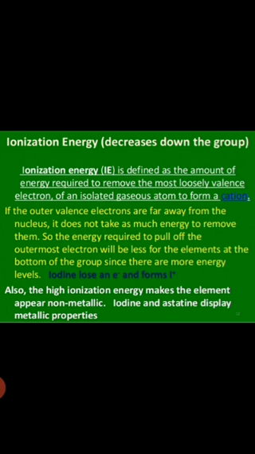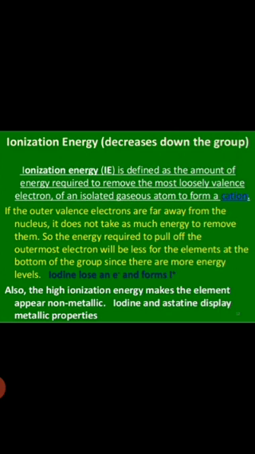So just have a look at the written facts which I have discussed orally now. Ionization enthalpy, as you know, is defined as the amount of energy required to remove the most loosely bound valence electron of an isolated gaseous atom to form a cation. Now, if the outermost valence electrons are far away from the nucleus, it doesn't take as much energy to remove them, so the energy required to pull off the outermost electron will be less for the elements at the bottom of the group, since there are more energy levels.